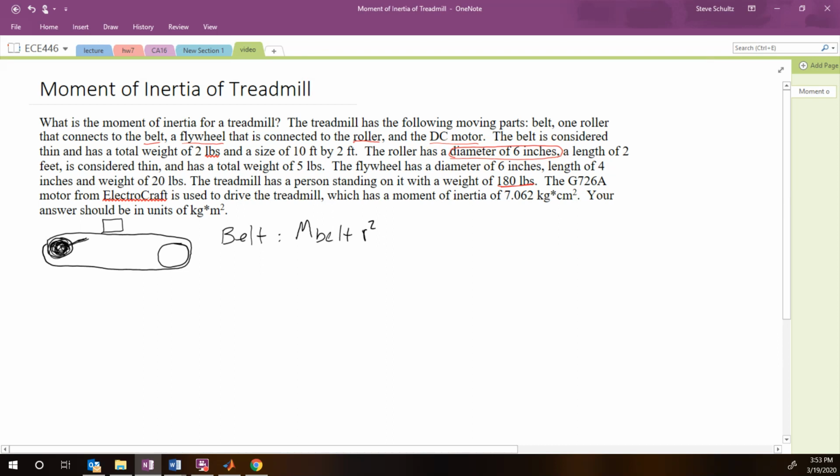So that's the belt. We're going to have our roller times r squared. We're going to have our person, and it's also going to be at r squared. We're going to have our flywheel.